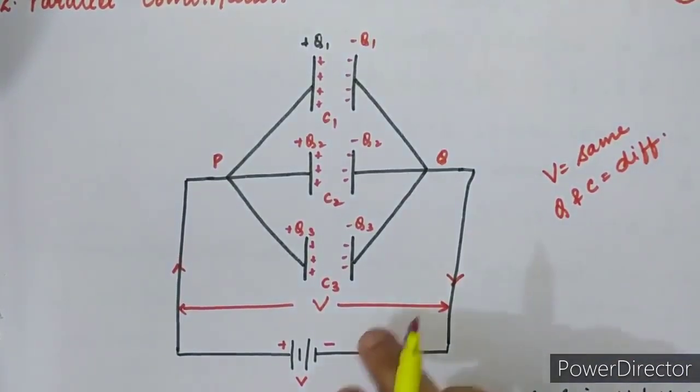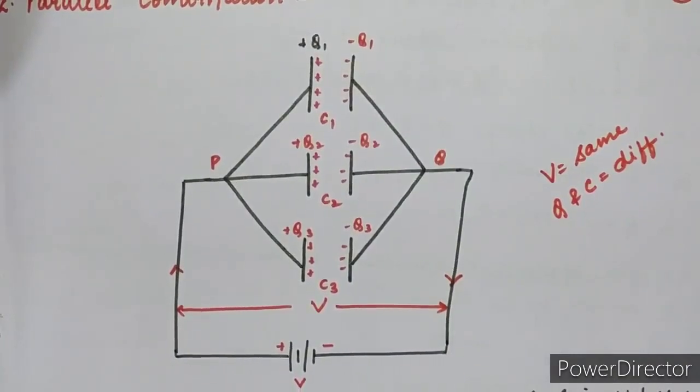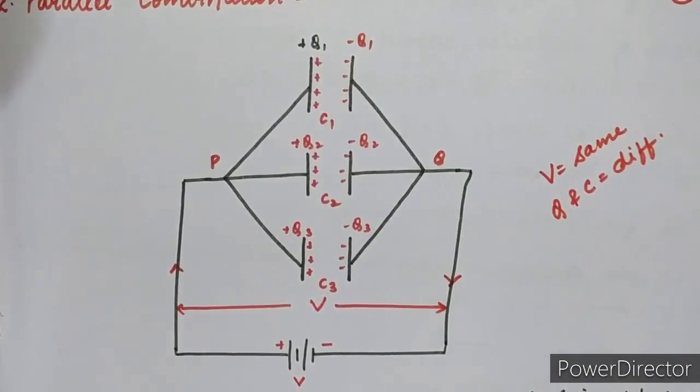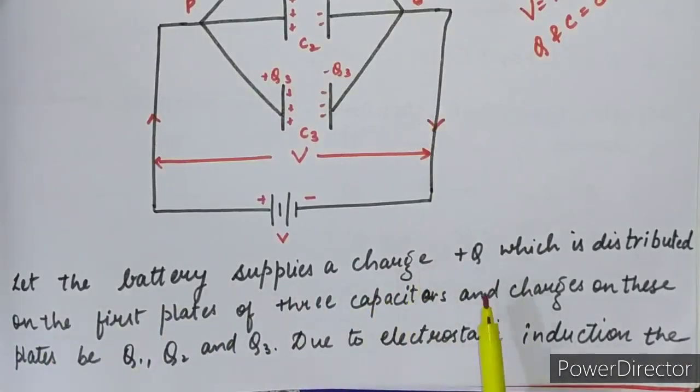So let us look at this circuit diagram. Let the battery supply a charge plus Q, which is distributed on the first plates of the three capacitors, and the charges on these plates will be Q1, Q2 and Q3.